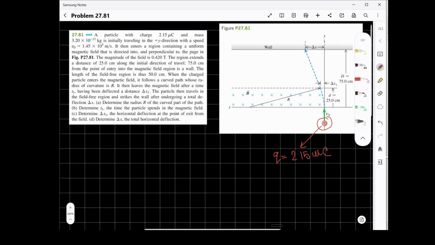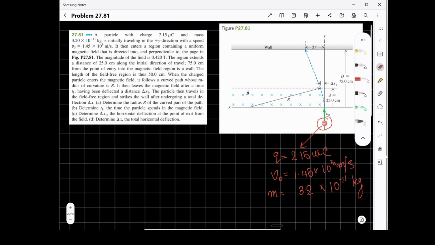Okay, it has a velocity v naught, 1.45 times 10 to the power 5 meters per second. Okay, and its mass is also given, which is 3.2 times 10 to the power minus 11 kilogram.